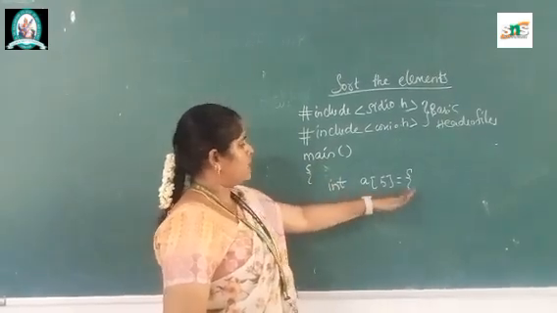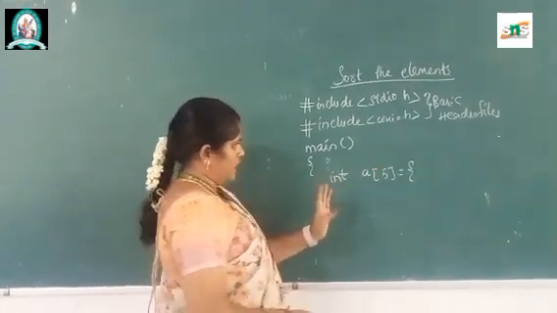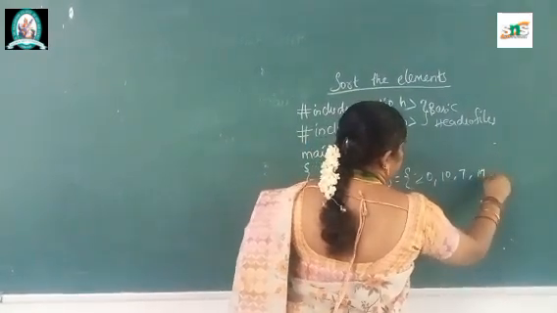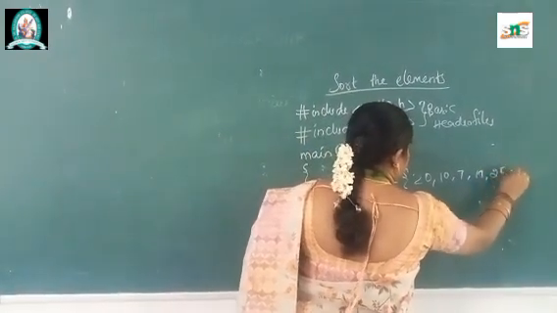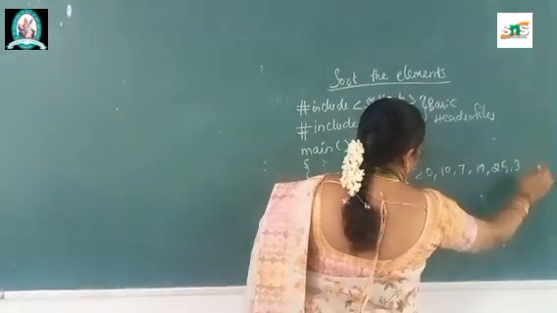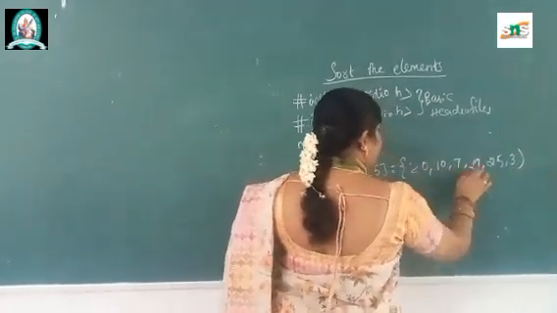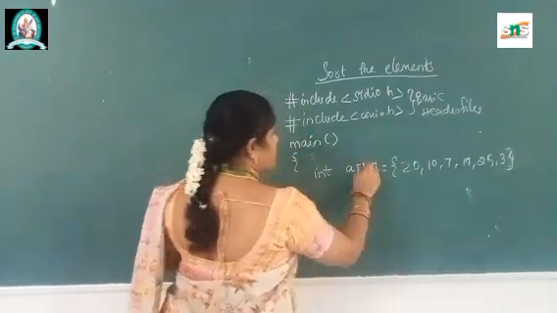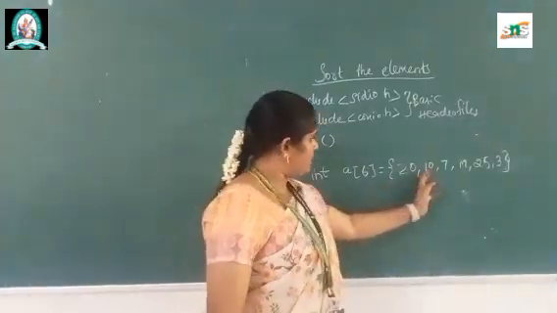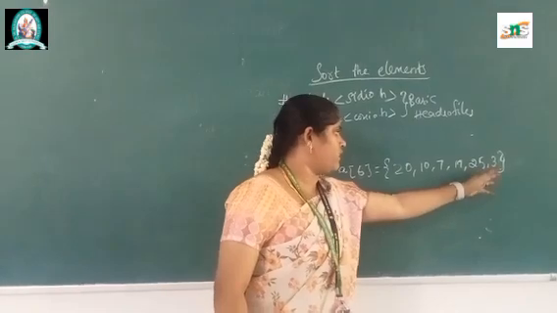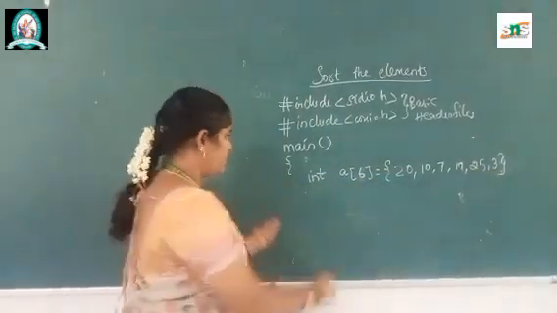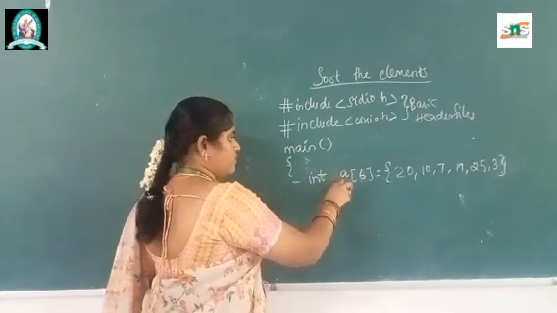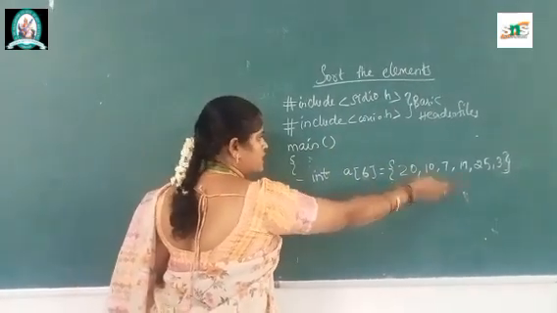I am initializing some values to the variable A: 20, 10, 7, 17, 25, 3. There are 6 elements. So this line says that I am creating a variable A which includes 6 elements.